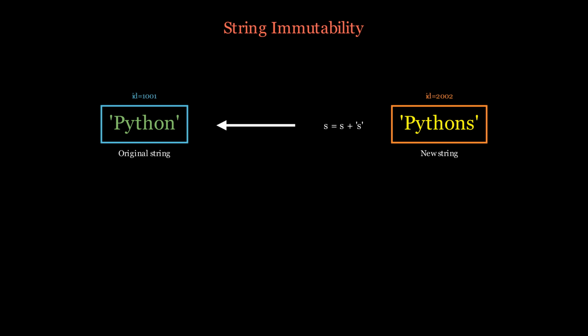Instead, it creates a brand new string object in memory with the updated content. This is important because it means strings behave differently from lists or other mutable types. Any change creates a new object, often stored at a different memory address.